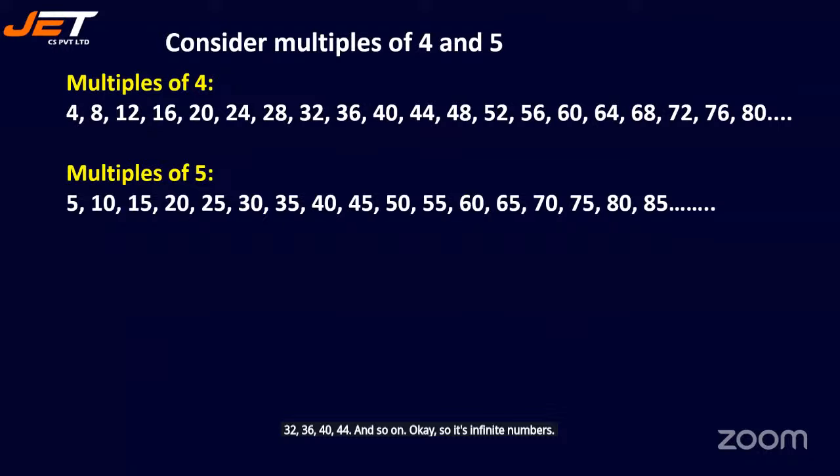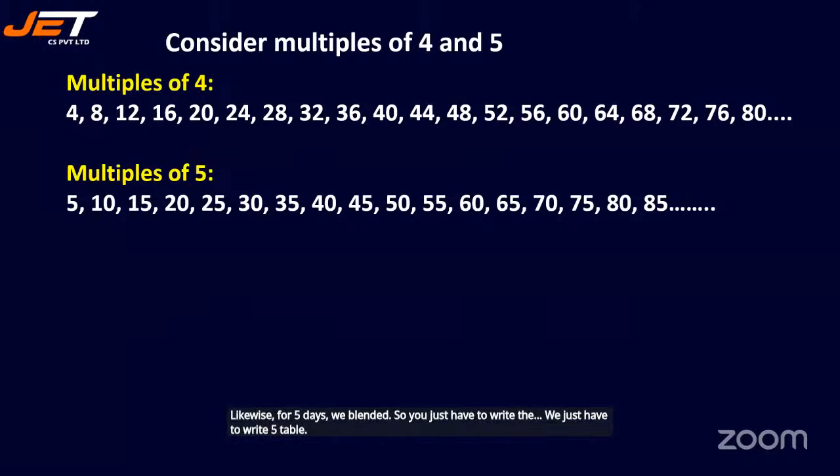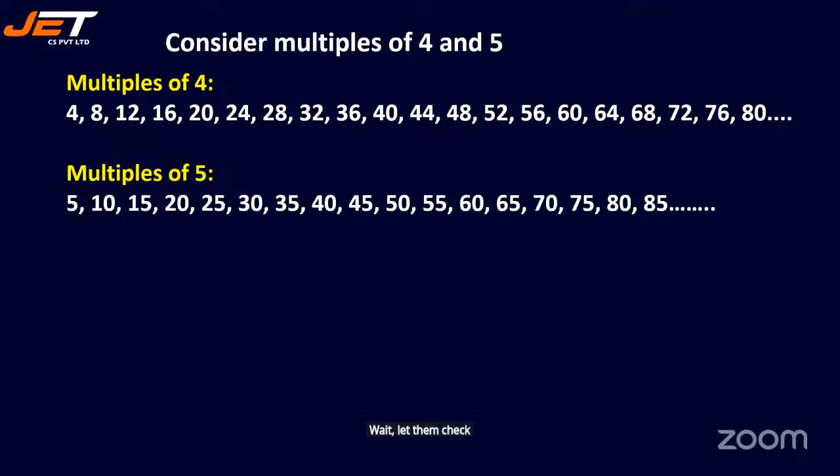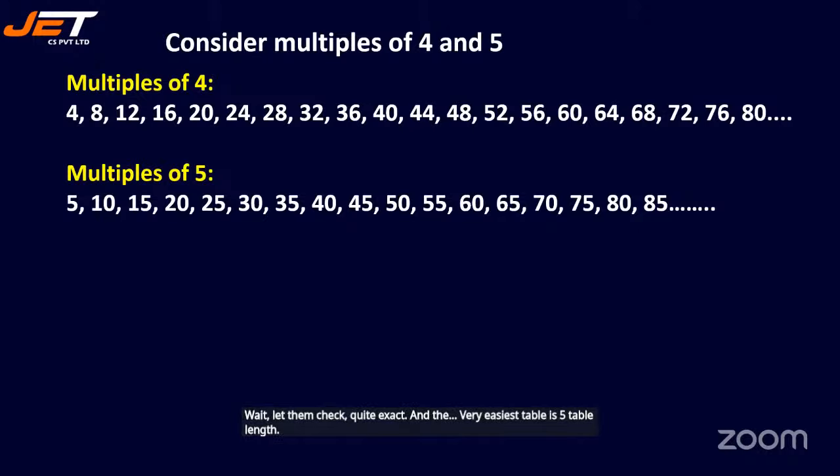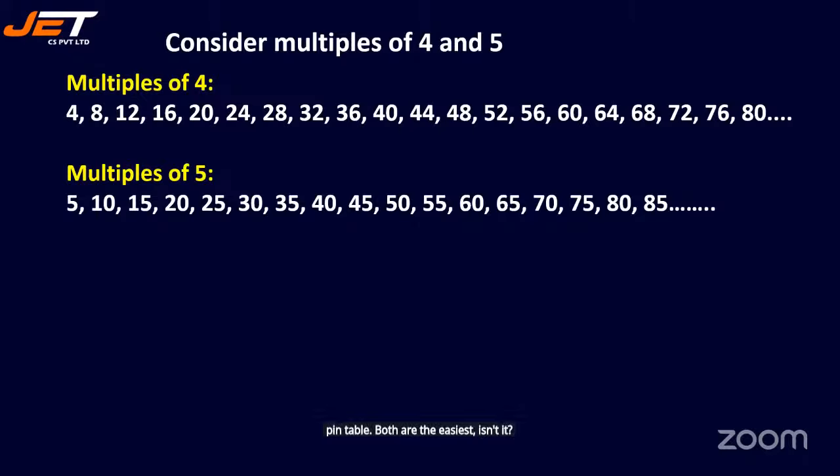Likewise, for 5 it is easy, isn't it? So you just have to write the 5 table. The very easiest tables are the 5 table and 10 table. Both are the easiest, isn't it? So in the 5 table you will have 5, 10, 15, 20, and so on.